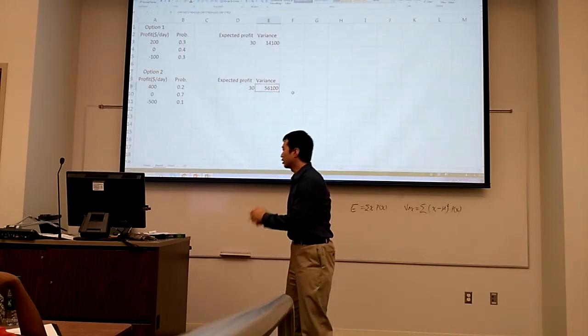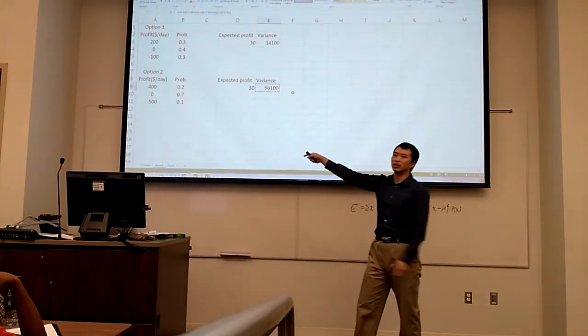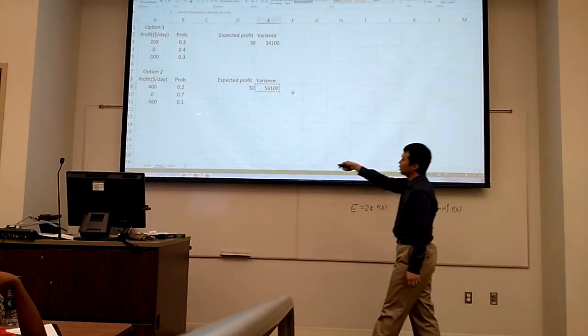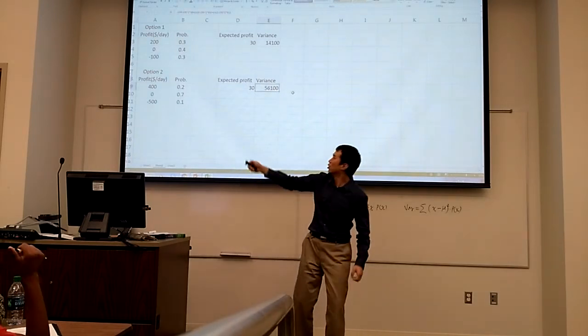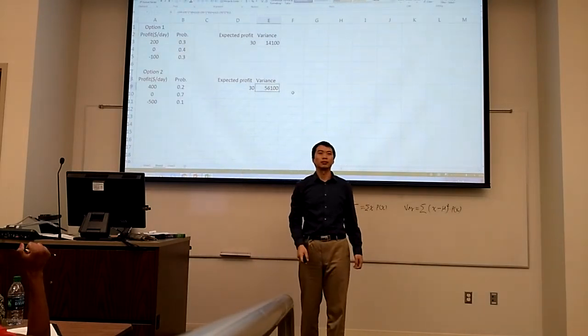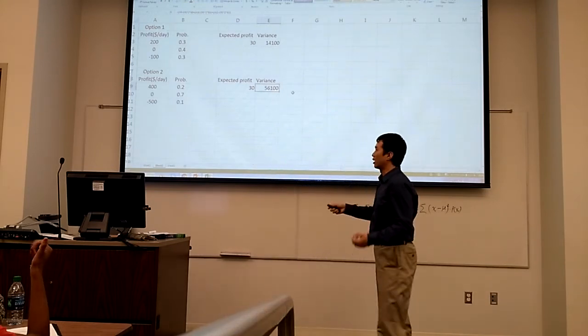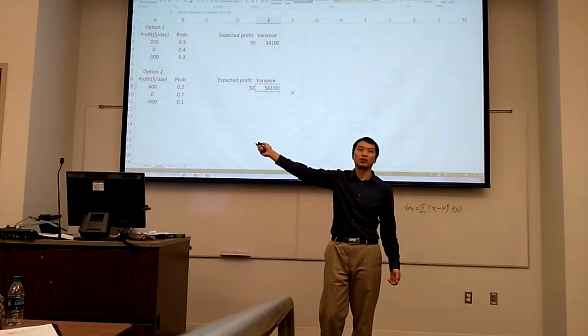So if we look at those two options, here we already did our calculation. The expected profit is the same for two options. But for option 2, we have the opportunity to make $400 per day. Okay? That is really a high value compared with the maximum $200 per day.